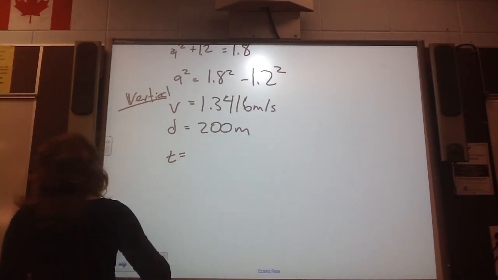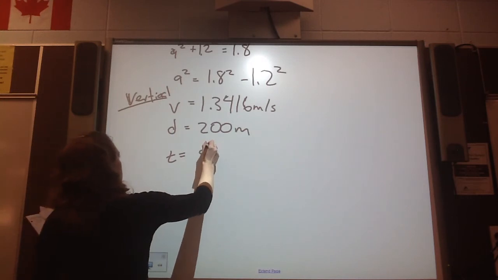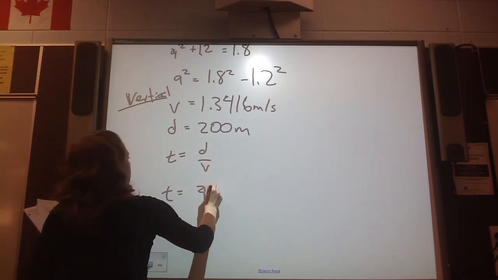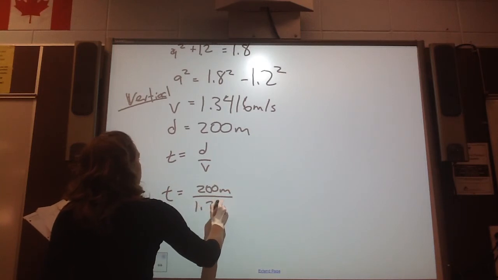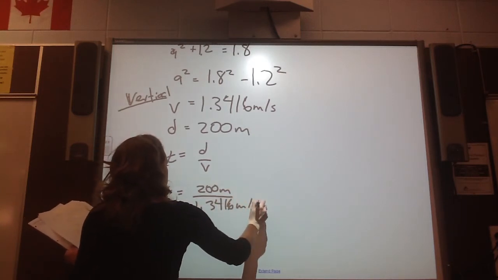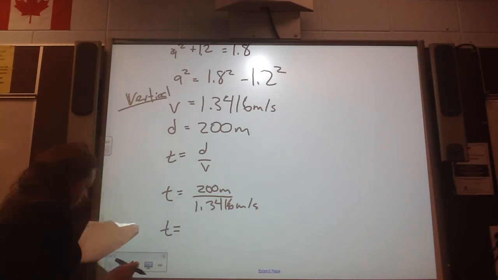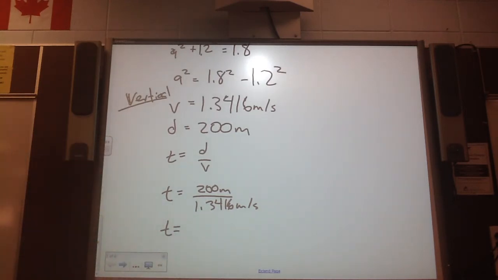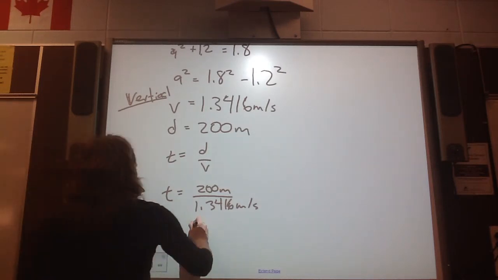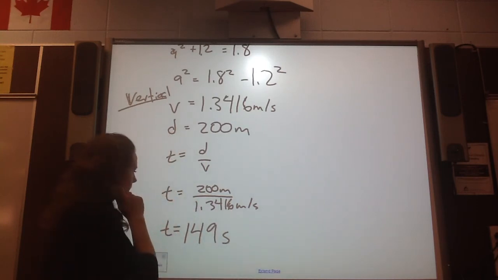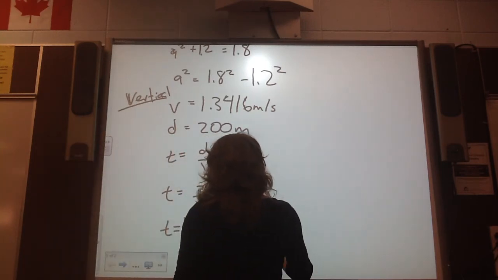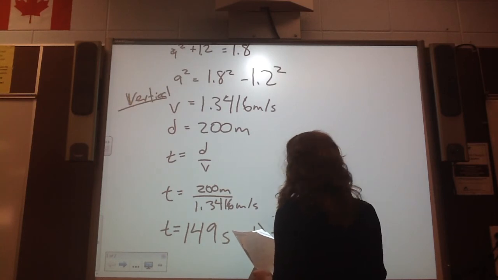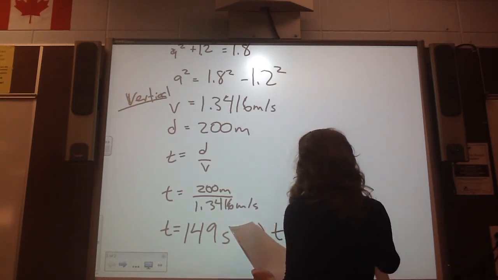T is equal to D over V. What is it? 149 seconds, so to 2 sig digs, our T is equal to 1.5 times 10 to the 2 seconds.